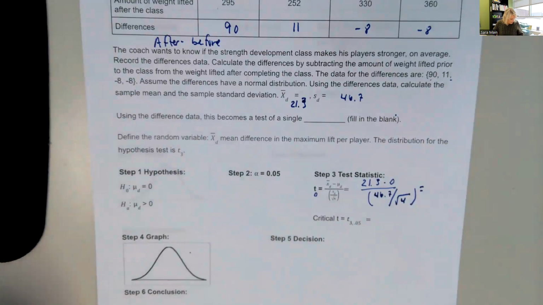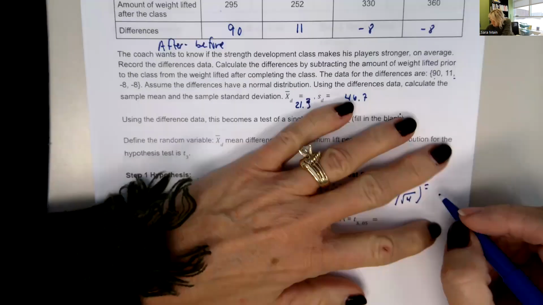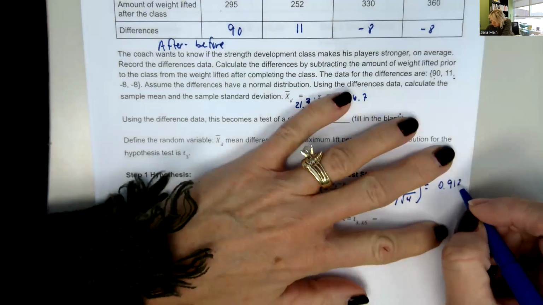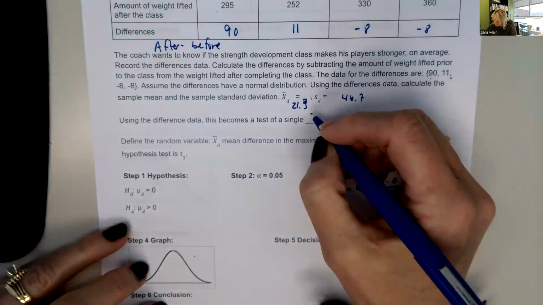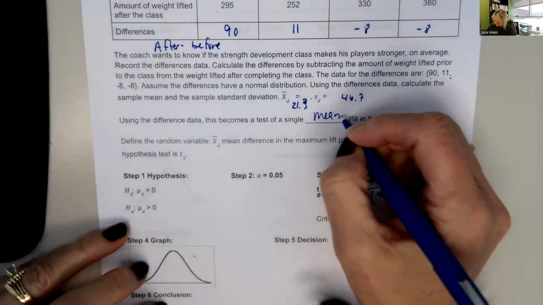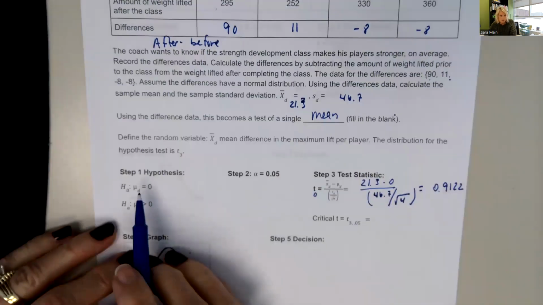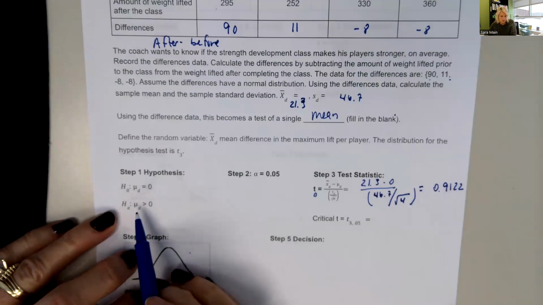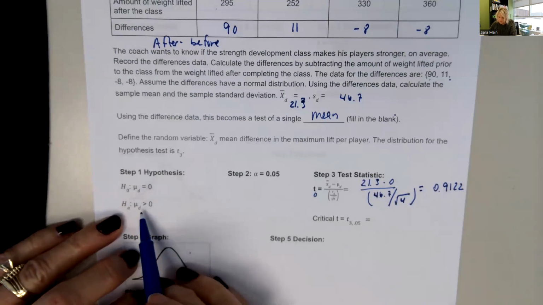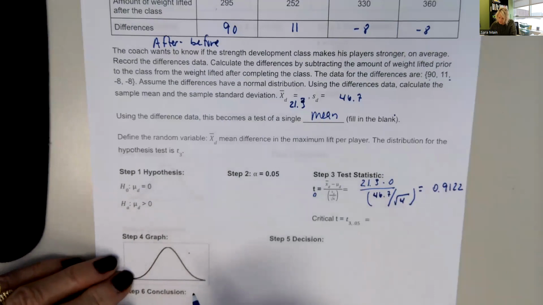And that comes out to be 0.9122. So we're testing a single mean, basically. And so our H0 is that the mean differences are equal to 0, and our HA is that the mean differences are greater than 0. And that's what we're testing.